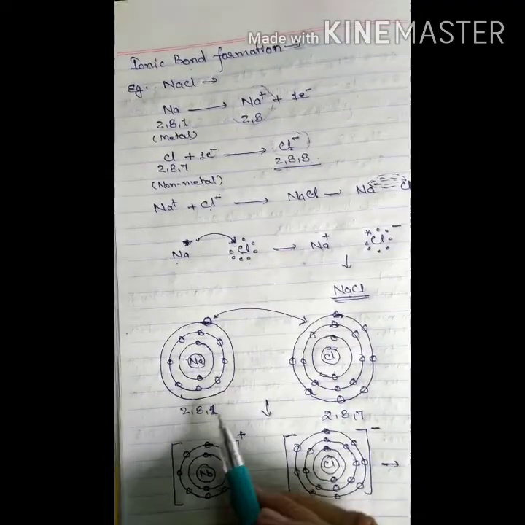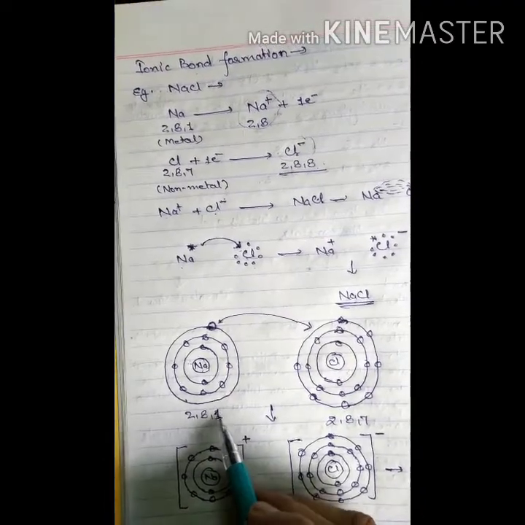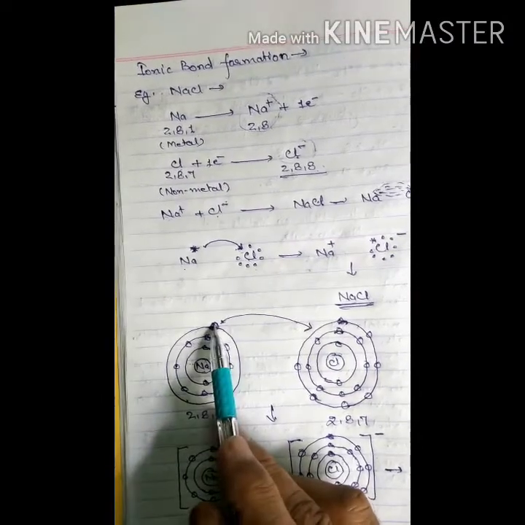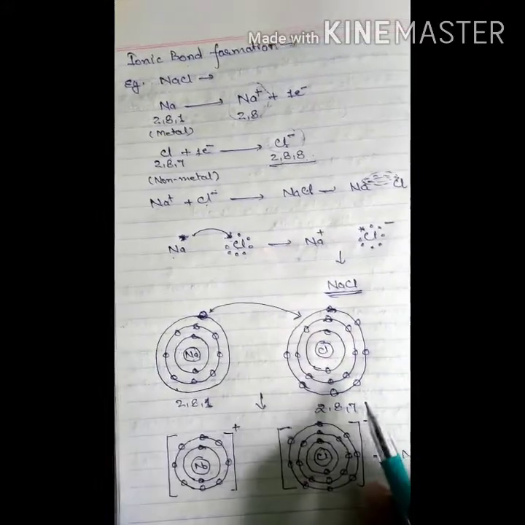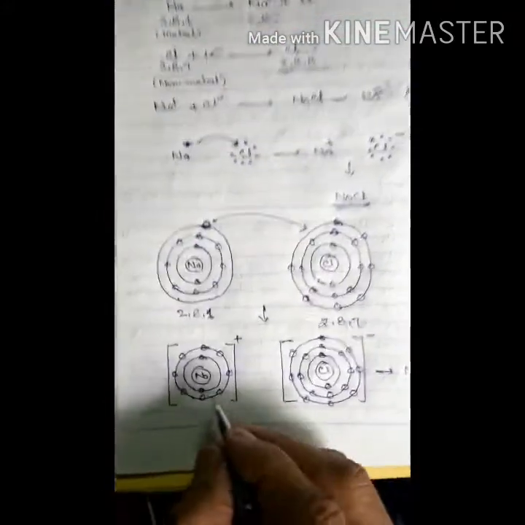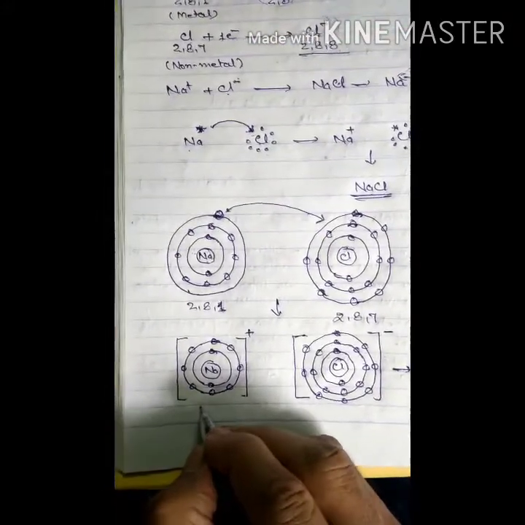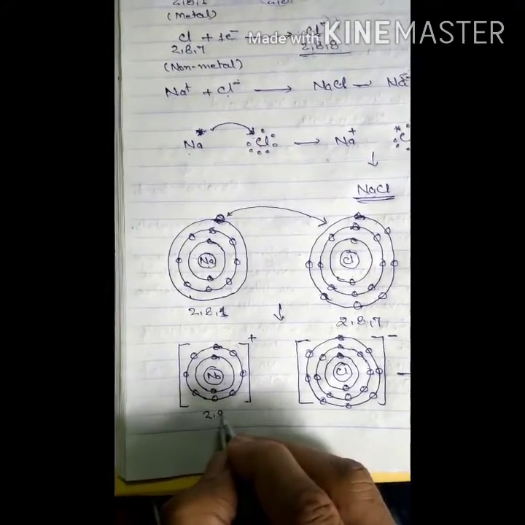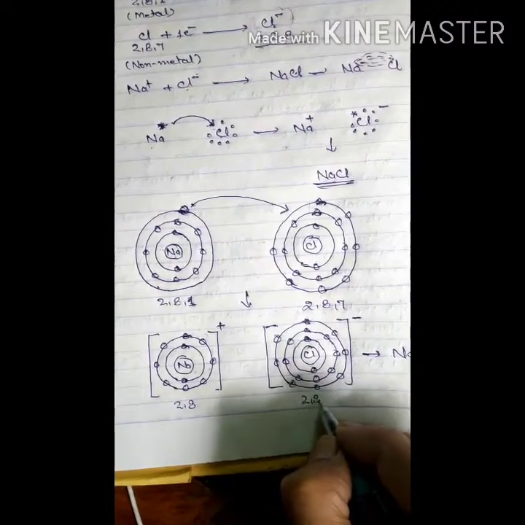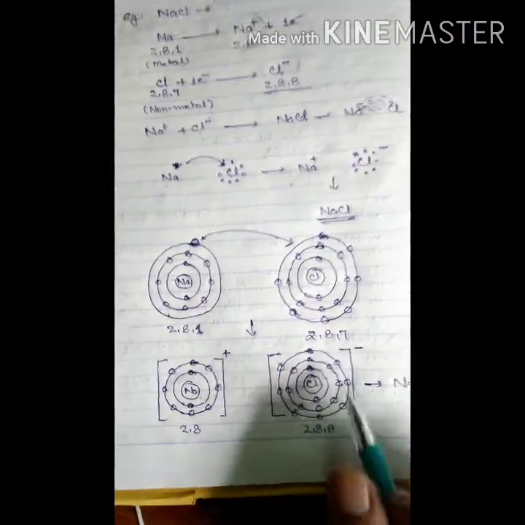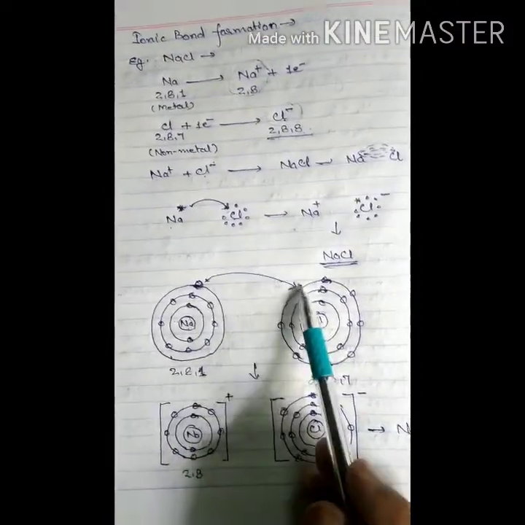Now if last electron, that is the 1 electron of sodium, is lost by it and it is accepted by the chlorine, then the configuration of sodium will be 2, 8 and of chlorine is 2, 8, 8. So this electron get transferred to the chlorine.